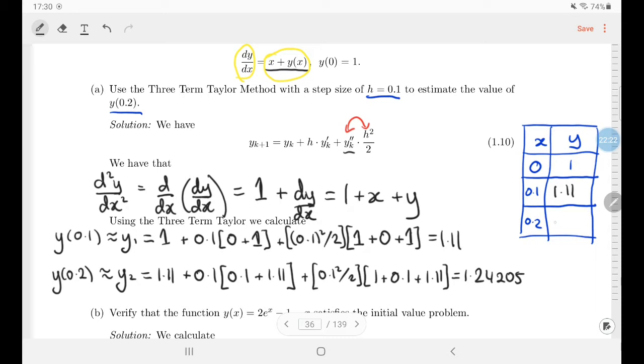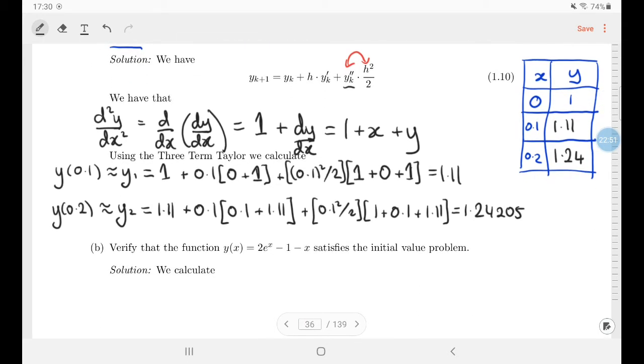Now I'll only take that to 3 significant figures. Of course, if I was to calculate what was going on at 0.3, and I use 1.24 rather than 1.24205, I'm adding to the error, because I've got the truncation error, the order h squared local errors, and I'm adding to that by doing rounding error. So you want to be careful. And you have to realize a computer always has some rounding error.